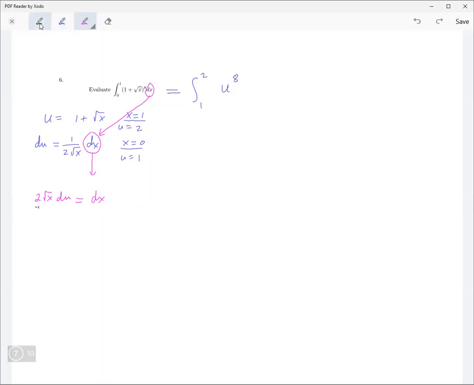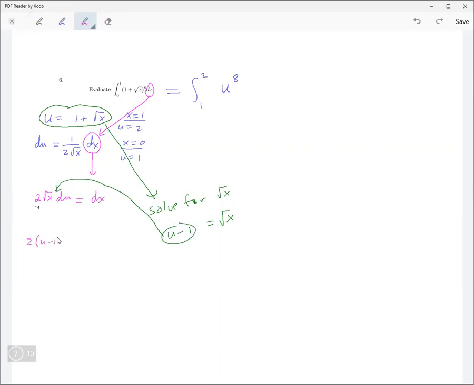So what you want to do is take this right here and solve for the square root of x. We have the square root of x is going to be u minus 1. And then we put this into there. So we have 2 times u minus 1 is equal to dx.